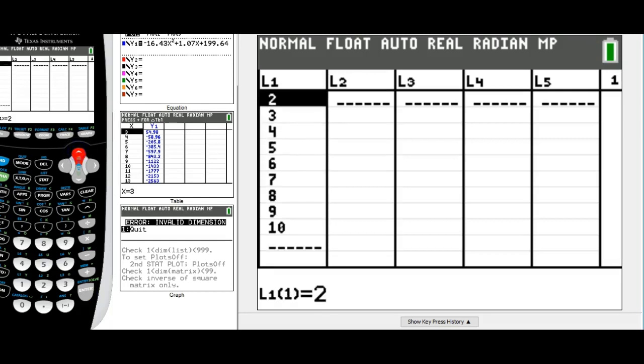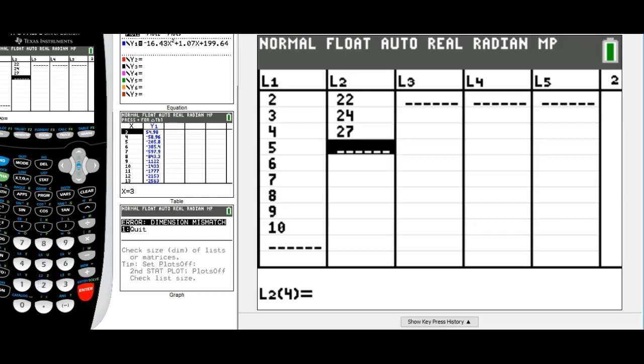And under L2, we're going to put our y values, which is our active clusters, 22, 24, 27, 34, 40, 42, 45, and 51, and I missed one.